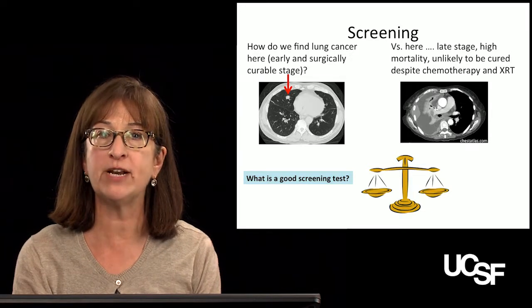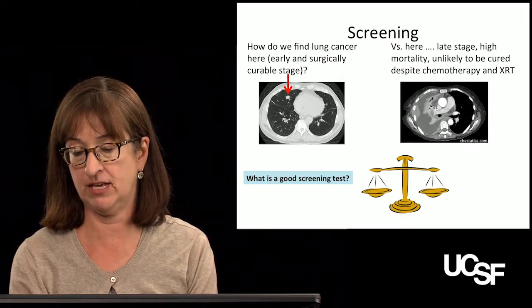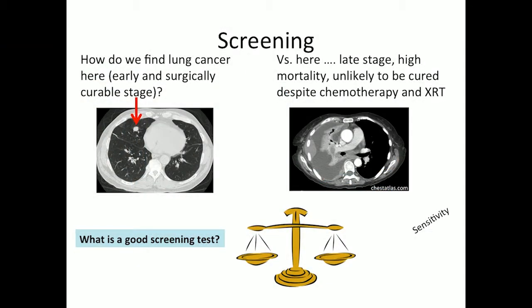When we look at screening tests, we're balancing a lot of things. One, we want the test to be sensitive. We'd like a test that picks up most of the people with lung cancer. We'd also like it to be specific. We don't want a test that makes us follow every tiny little scar that can happen in the lung or any other non-specific property that patients with lung cancer might have.